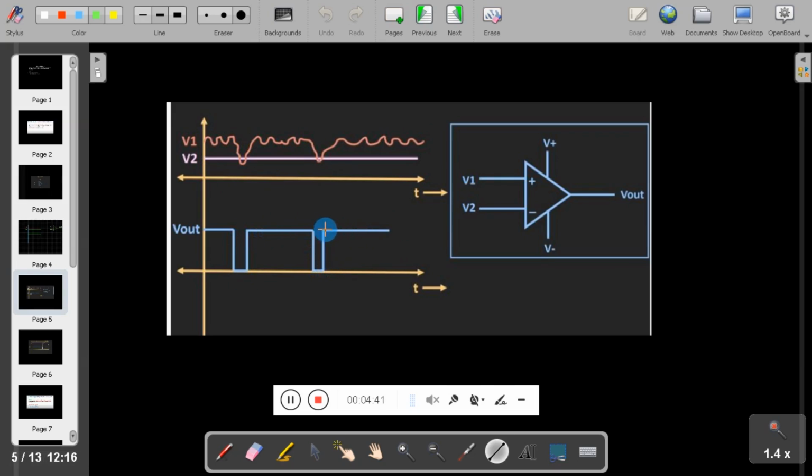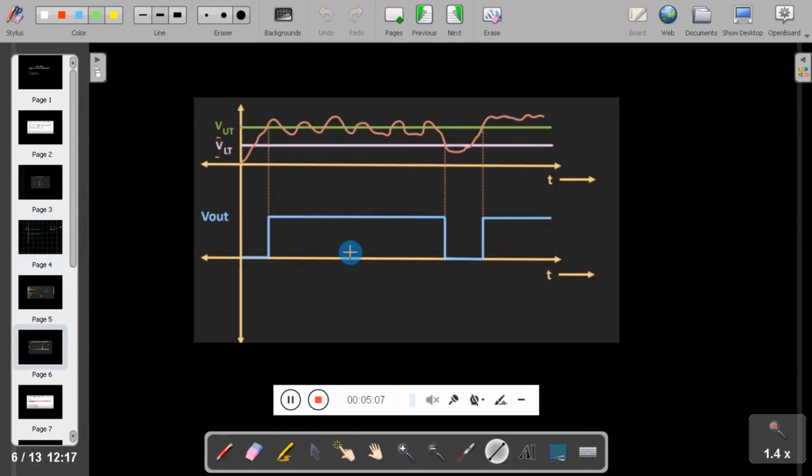The output of the comparator will get affected because of this noise. So in order to avoid this, we are using Schmitt trigger. That means the comparator is not good for noise immunity, because the output will vary whenever there is noise in the signal.